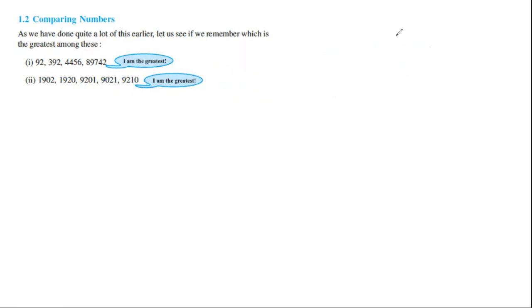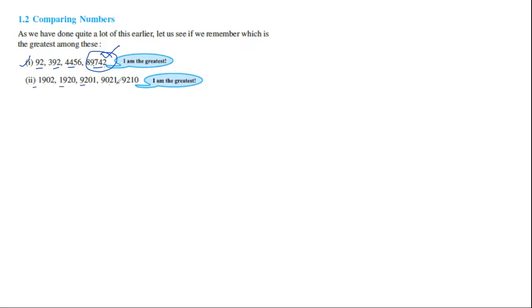So if I want to do it fast, the first one is very easy. As the number of digits increases, the number increases. So the number which has the greatest number of digits will be the greatest. This can be solved in only 1 or 2 seconds, right?